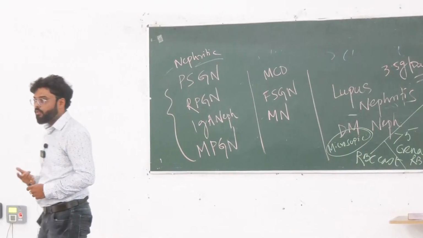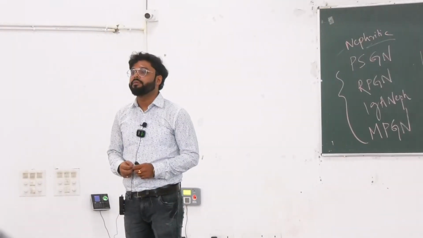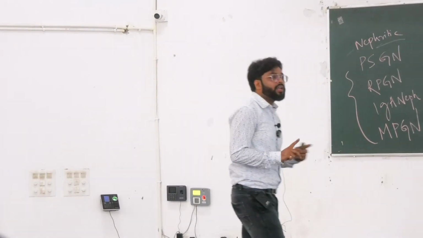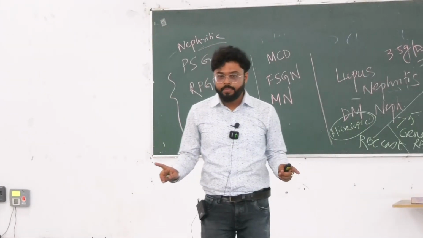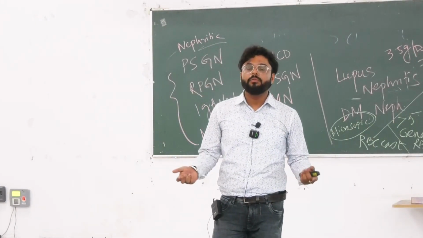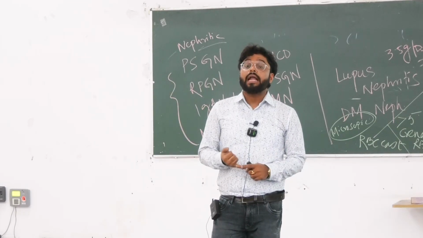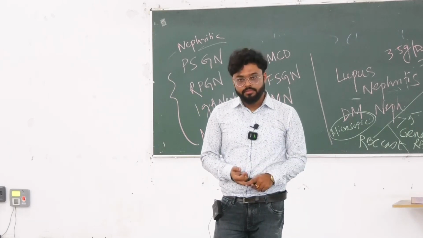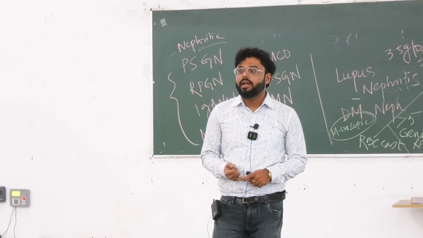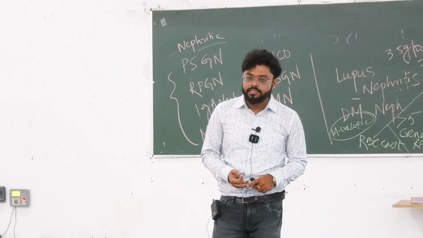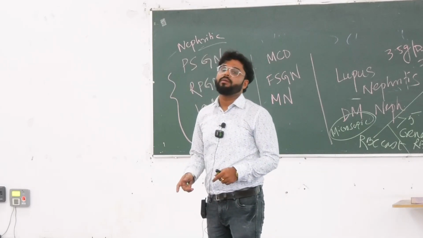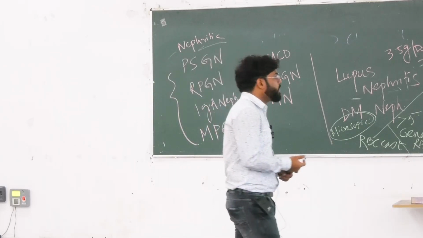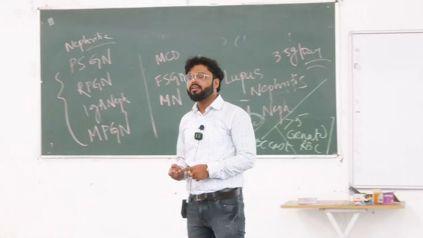One is hypertension. Why is hypertension occurring in nephritic syndrome? Exactly. There will be total damage of the glomeruli, not a partial damage, total damage. So there will be more activation of the juxtaglomerular apparatus. That causes activation of the renin-angiotensin system and more sodium and water retention within the body. So that will cause hypertension and edema.